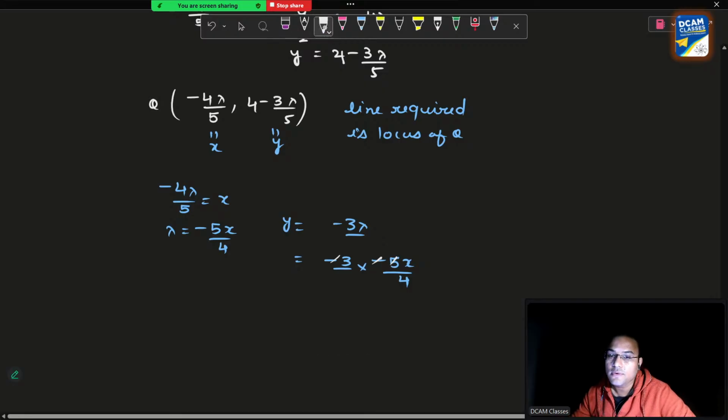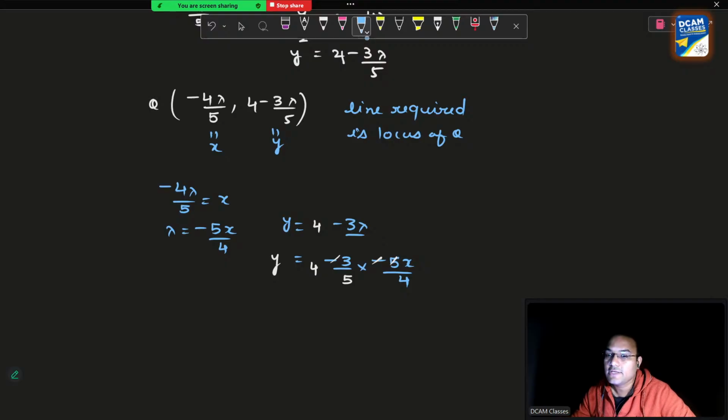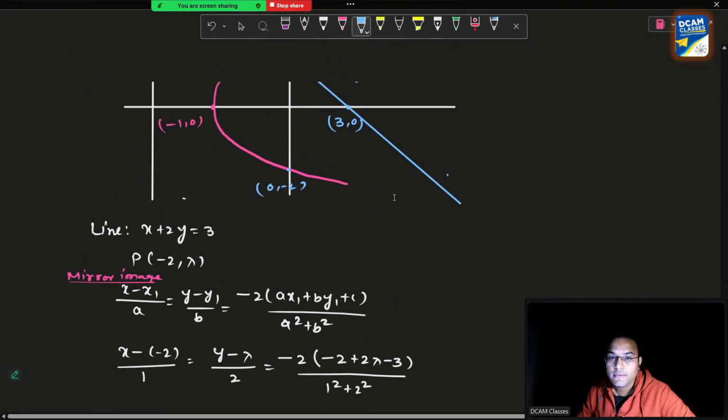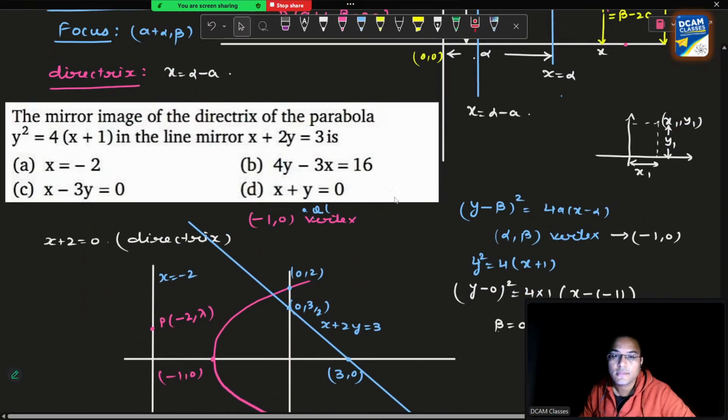That's why you have to keep cool. That's why in the examination hall we say keep cool. 4 plus 3x by 4. So 16 plus 3x minus 4y equal to 0. So 3x minus 4y plus 16 is equal to 0. This should be there. B option.